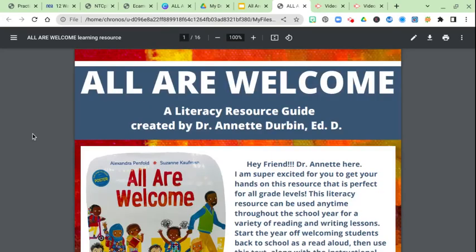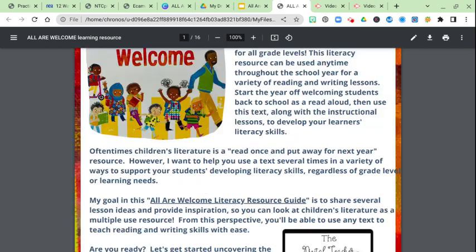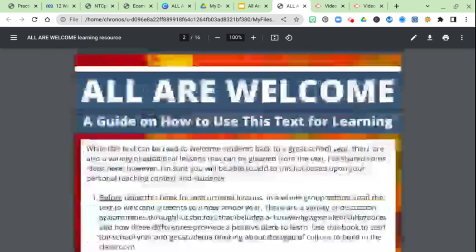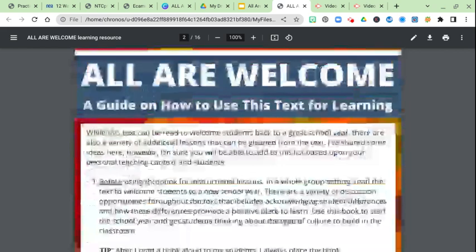This is a free resource that I have created for this piece of children's literature, All Are Welcome. This is a literacy resource guide that has over 20 different lessons in literacy, reading, writing, and word study that you can use to support the learners in your classroom. And as we scroll down through here, you'll see that there is a guide on how to use this text for learning.